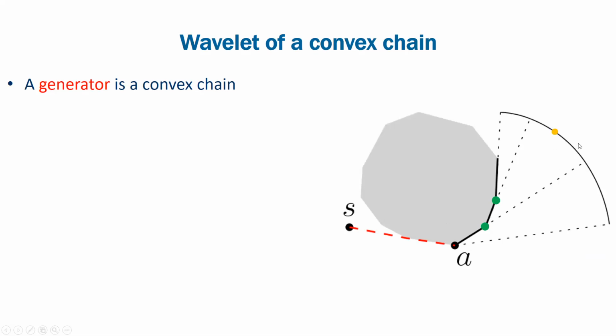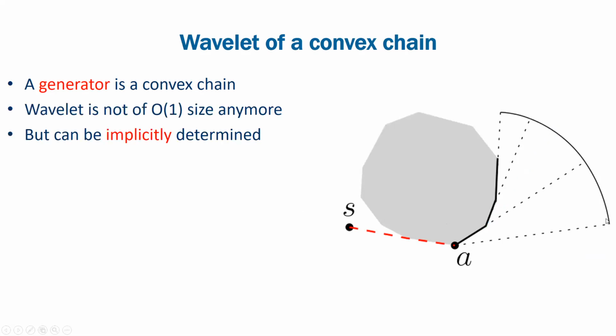In this wavelet, for each point, like this one, the shortest path is to connect this point to the green point and then to S. You see that this wavelet now has 3 pieces. It's not of constant size. It may have many pieces, depending on the size of this convex chain, namely the generator. But once given S and this convex chain, we can determine this wavelet implicitly.